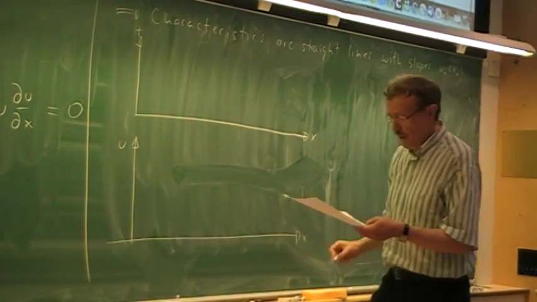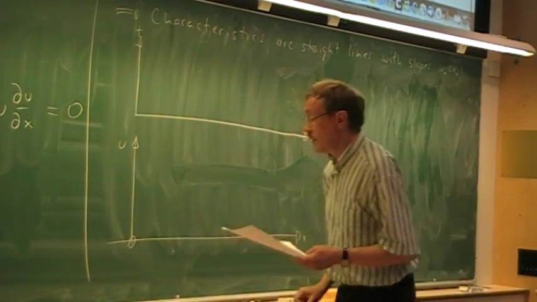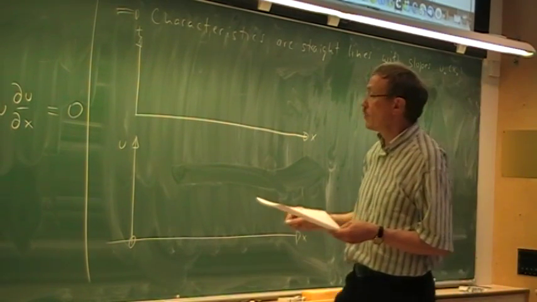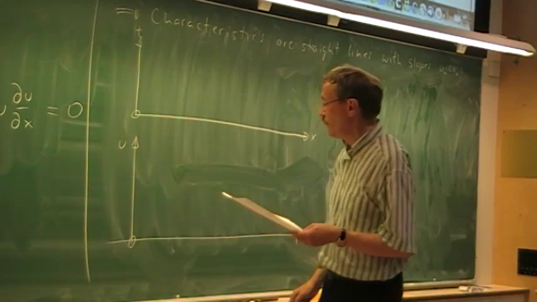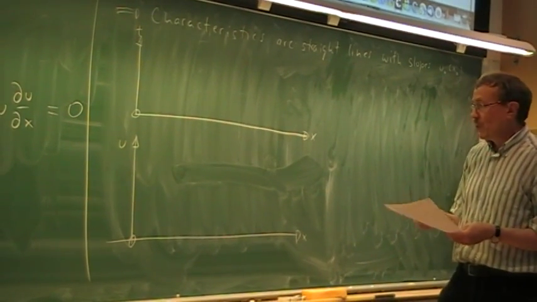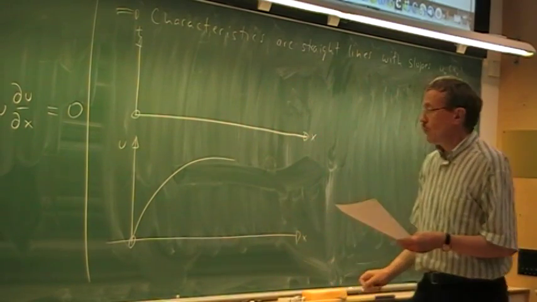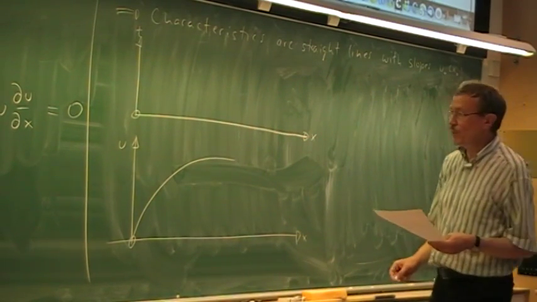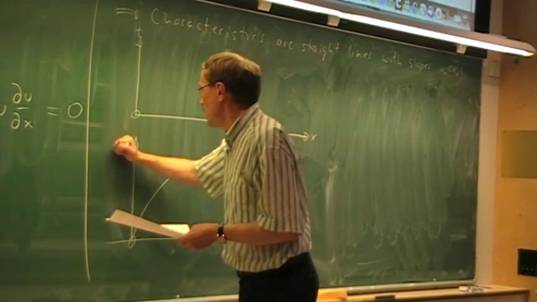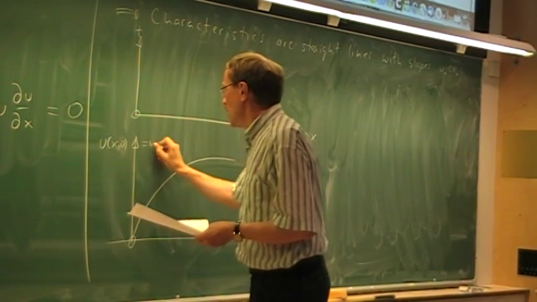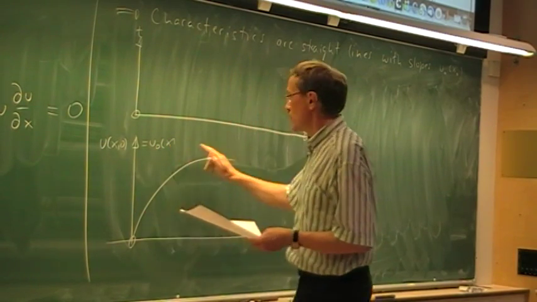Say the origin would be at this point, and we assume that we have, maybe, a sine wave in the beginning. What we have here would be the solution u0 of x. That is, our u0 of x would be this solution here.